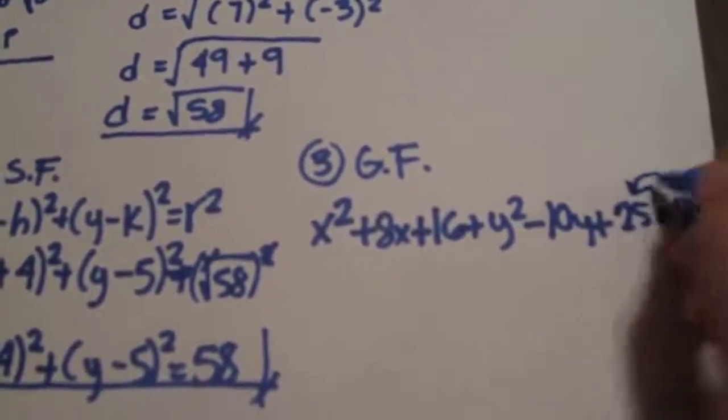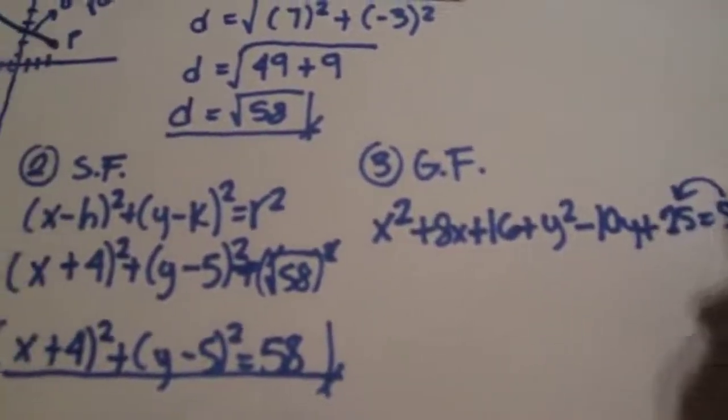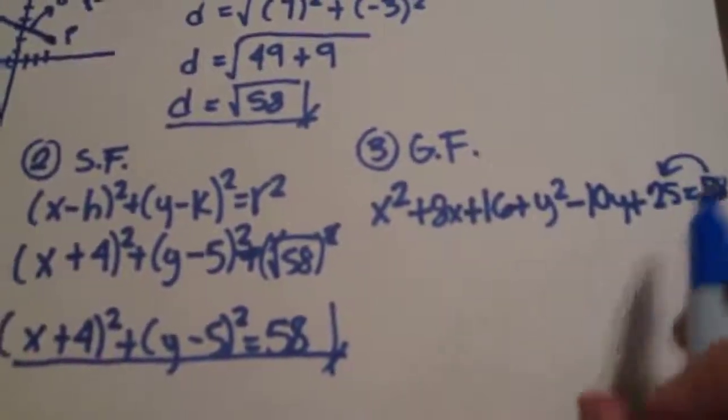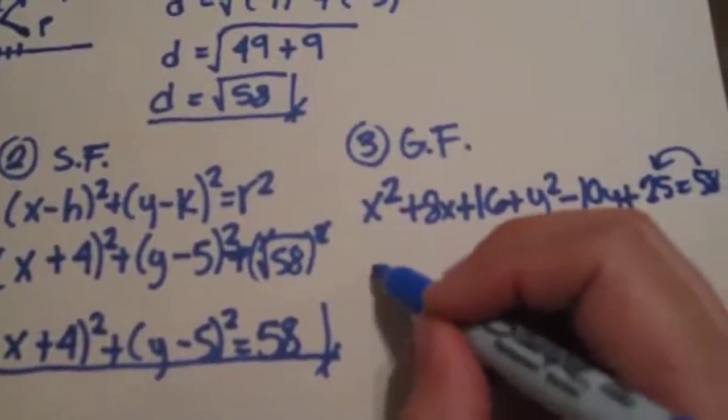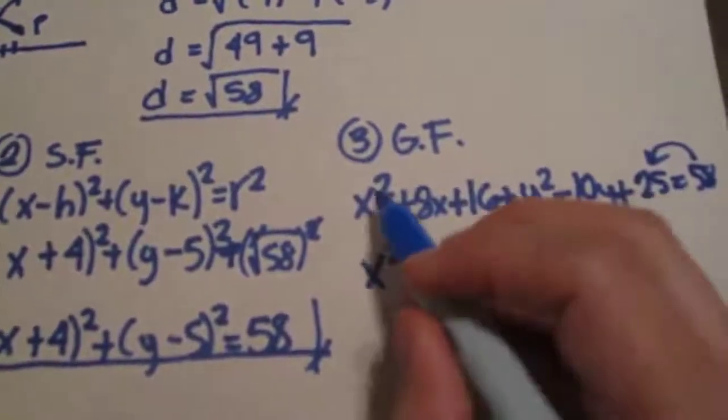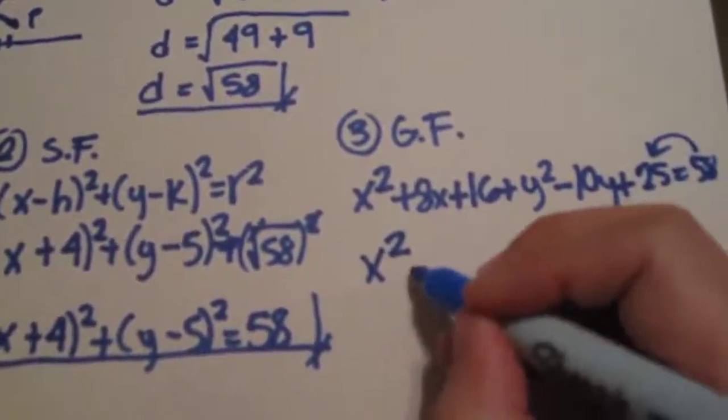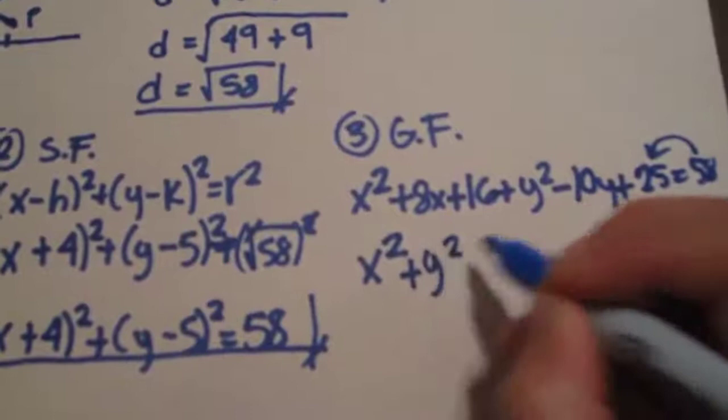And again, what you need to do is pass the 58 to the other side and arrange the terms. What do you need to write first? The variables elevated to the second. So it's x squared plus y squared.